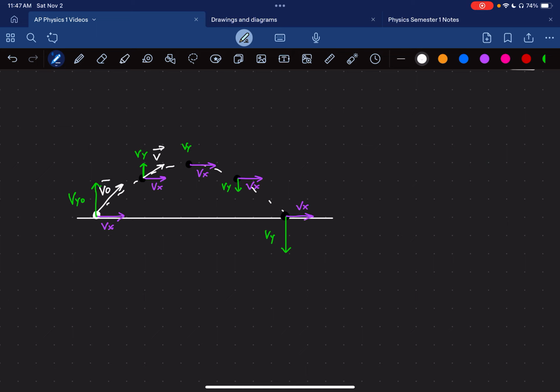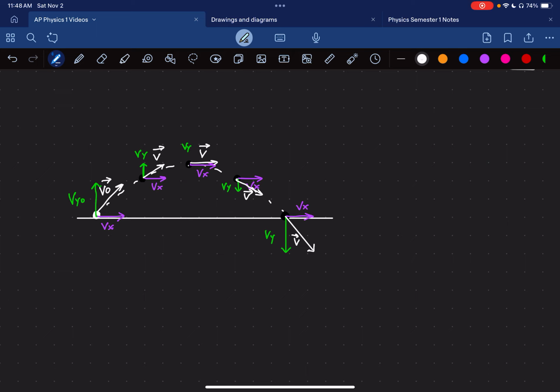This would be V naught. V would be essentially what Vx is, because Vy is 0. And then here, this would be V. And then something like this, this would be V. So, a couple of things to note.